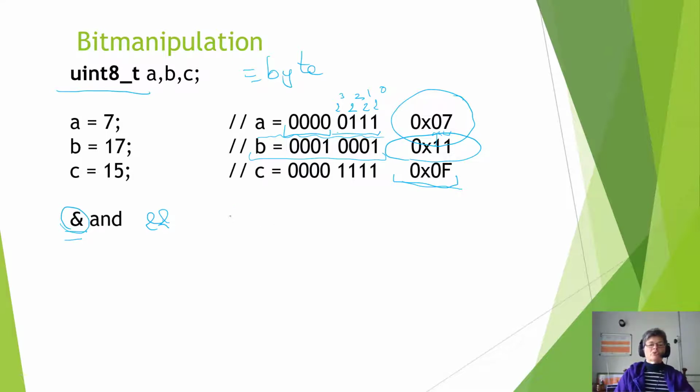So if I would do a bitwise AND with A and B, then what would the result be? We all know the AND, that means we have 0, 0, 0, 0, 0, 0, 0, 1. So only the last position has both ones. So that would mean a hexadecimal value of 0x01.